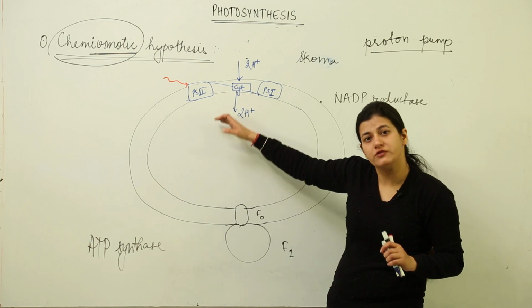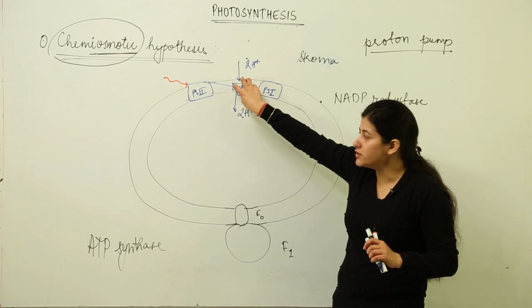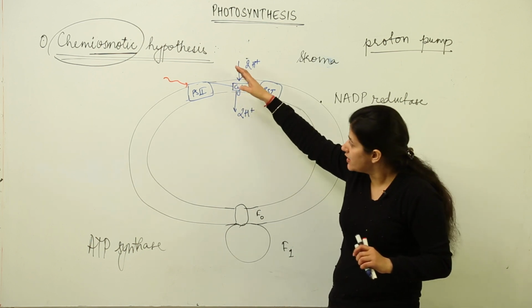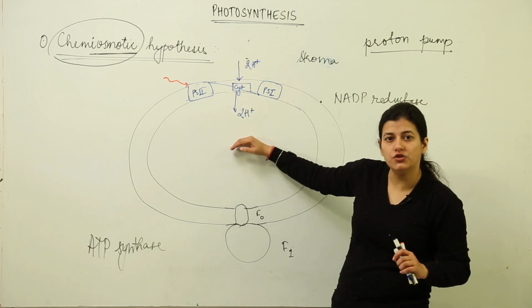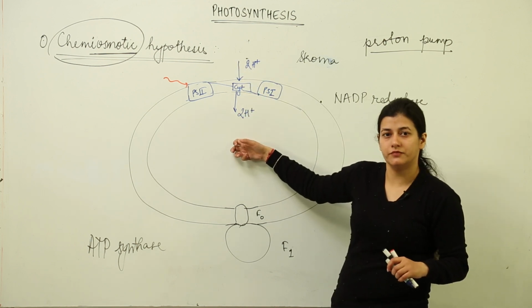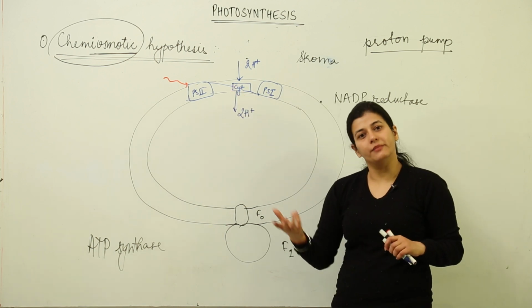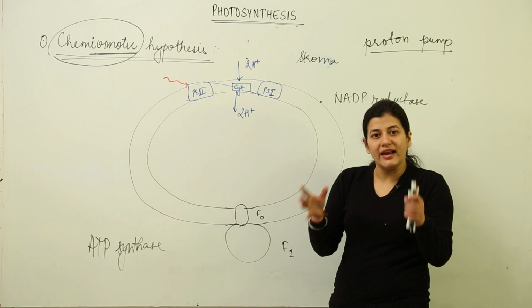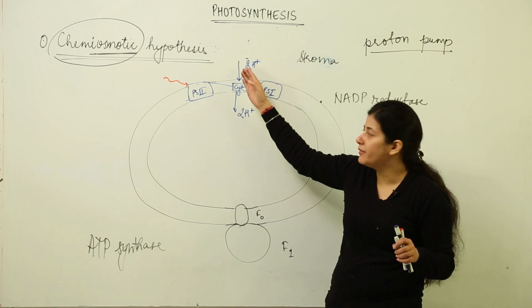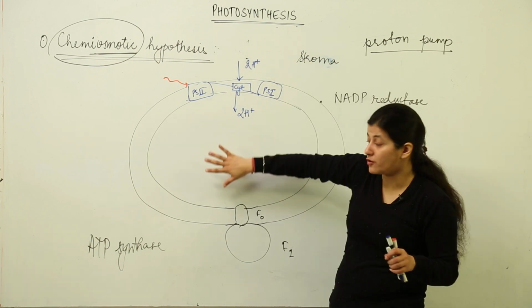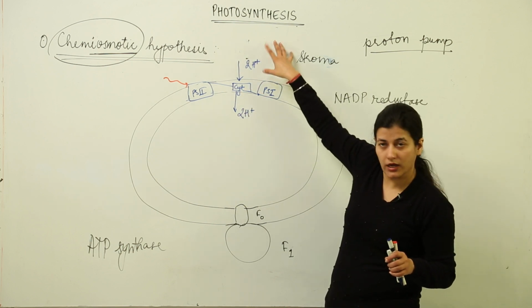When the electron moves to the next acceptor, the protons accepted by cytochrome are passed on inside to the lumen. Remember, when the cytochrome takes up the electrons, it becomes negatively charged. To balance that negative charge, it takes up protons from the stroma, not from inside but from outside.